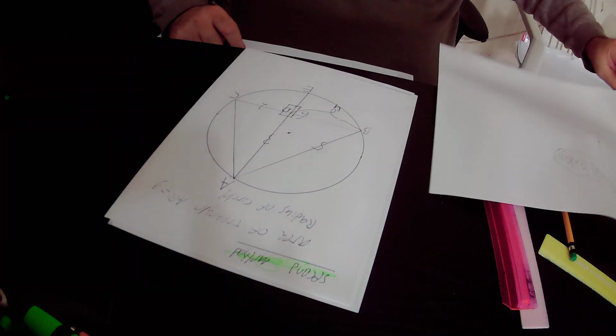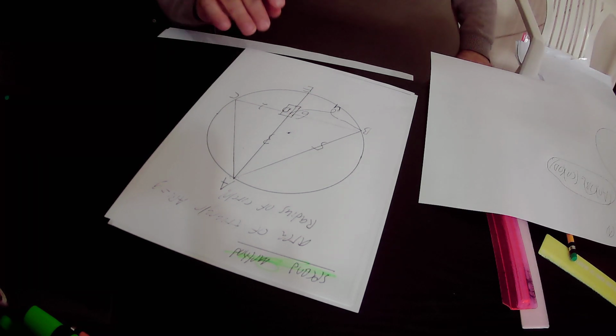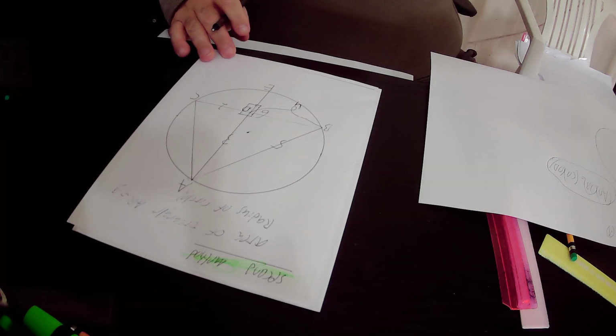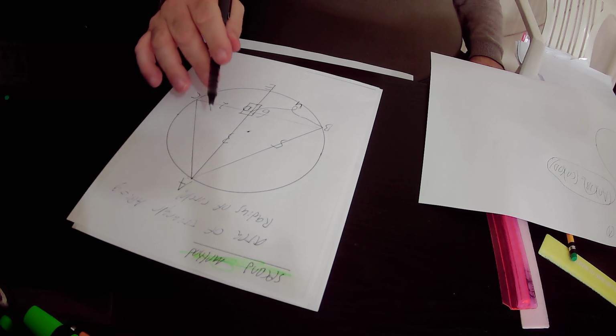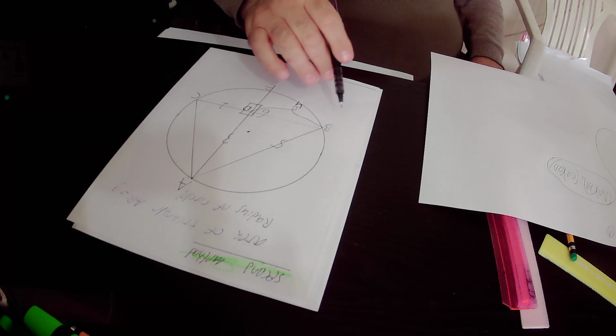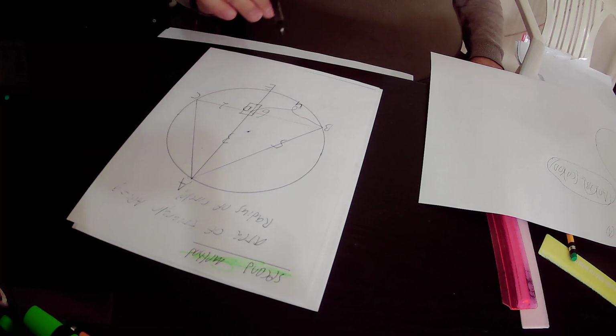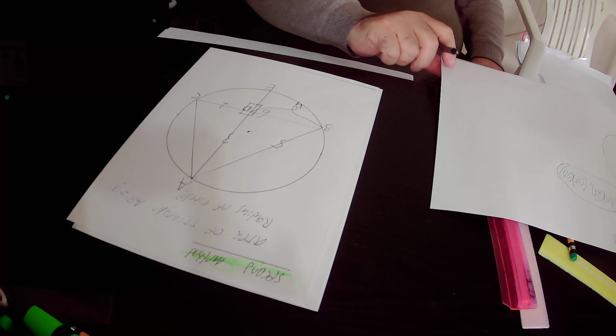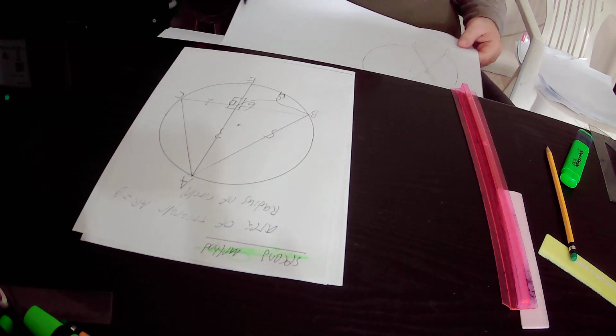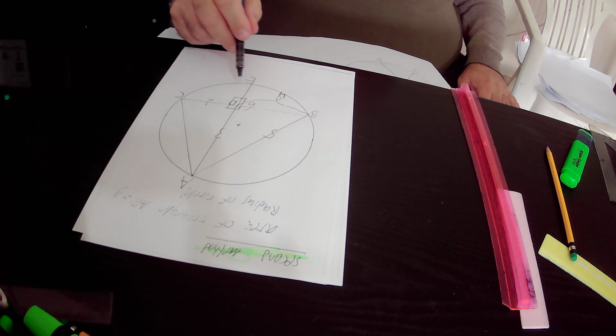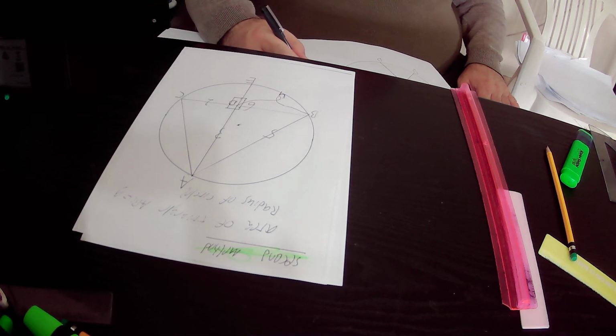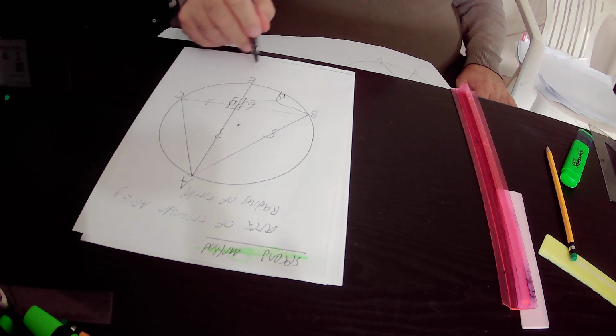We actually can implement rule number 1 in our drawing. Why? Because in our drawing we have chord AE that intersects with chord BC at point D. Therefore, according to rule number 1, we get that BD times DC equals AD times DE.